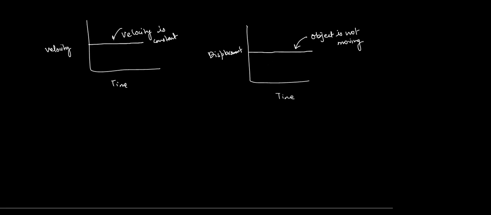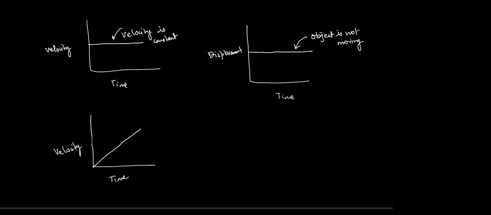Now, if we have a graph like this, in the form of a velocity time graph, this is velocity and this is the time.